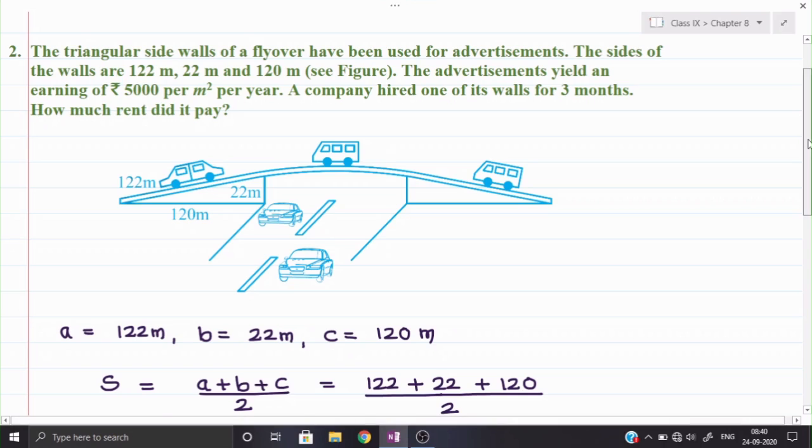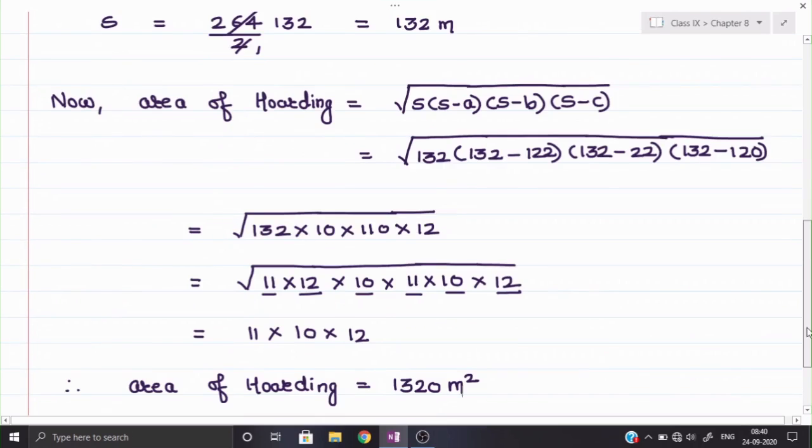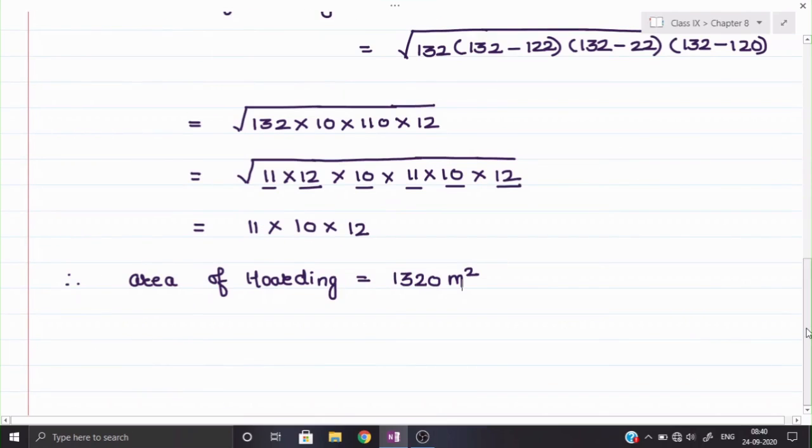Here first I will write down in the rough for your understanding what they are saying. They are saying 1 meter square costs 5,000 rupees per year. It means you take a space of 1 meter square, then you have to pay 5,000 rupees for the whole year.